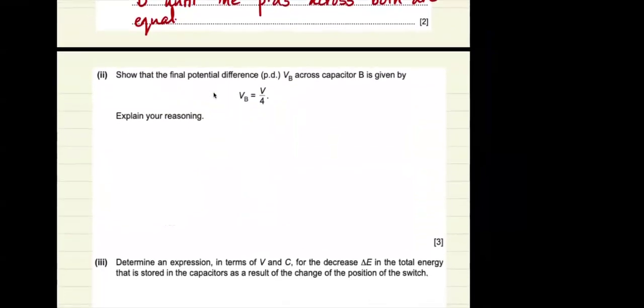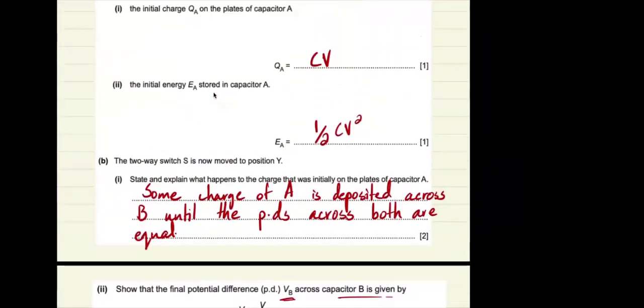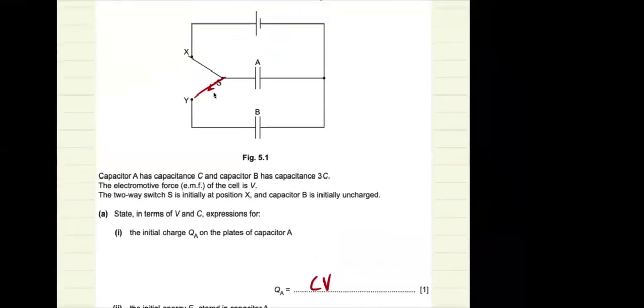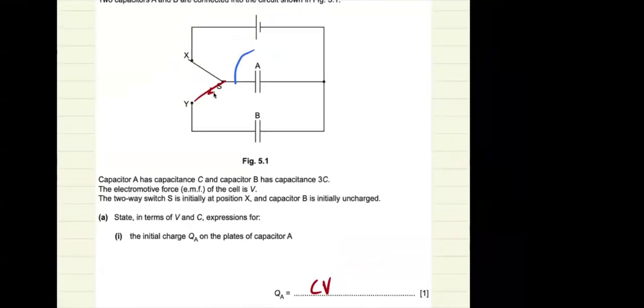Show that the final potential difference VB across the capacitor B is given by this equation. So the idea is this: when this process does end, there would be some potential VA here, there would be some potential difference VB here, and both of these would be equal, right?